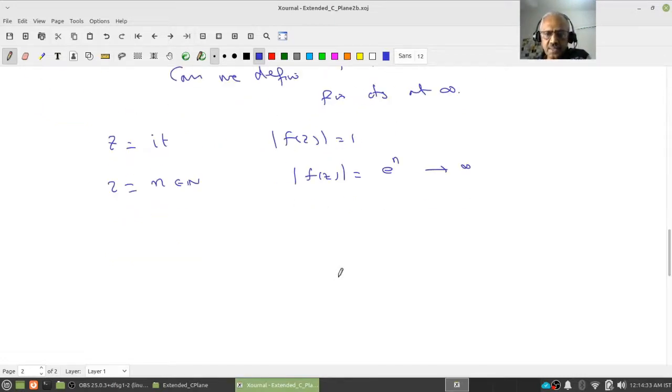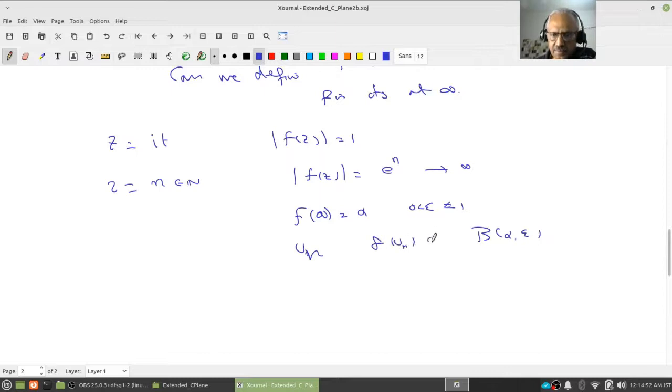You understand? So still we have a problem. Why? What is the problem? Suppose again f of infinity equals alpha and put epsilon less than 1. Assume that there exists U n so that f of U n is contained in B alpha epsilon. Now I have a contradiction.